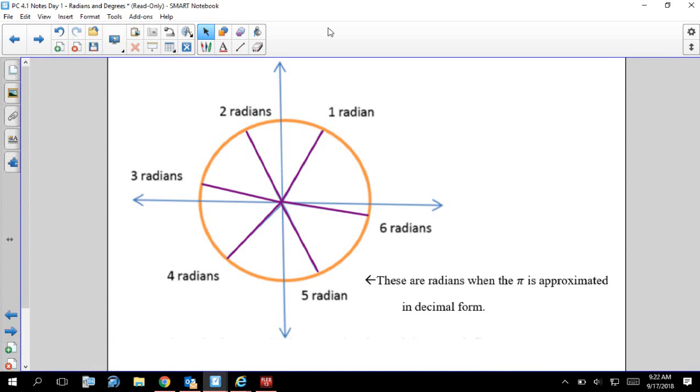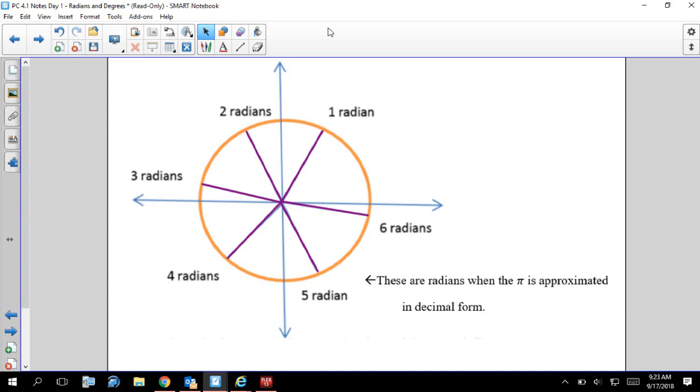So here is a picture of what you just watched. It's not perfect. It's not exact, but it's approximately 6 and then 0.28 in the entire circle. And what's going to happen is if they ever give you radians in decimal form, like where is 4.5 radians?